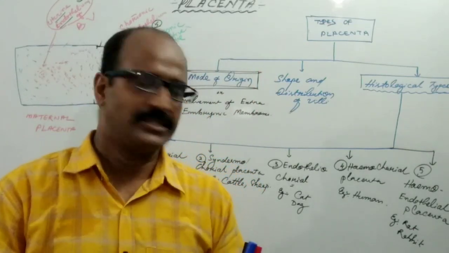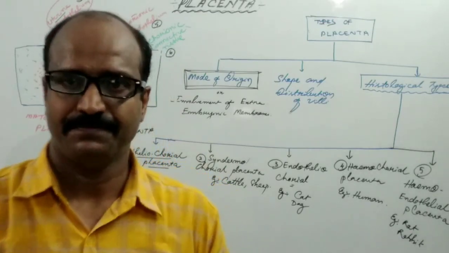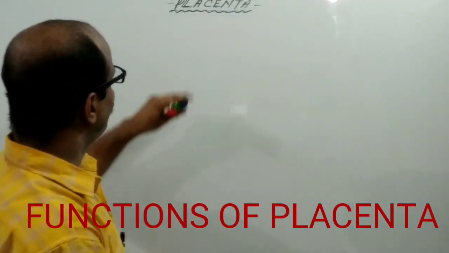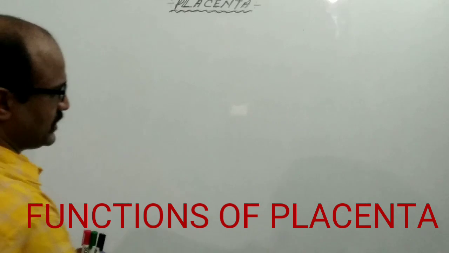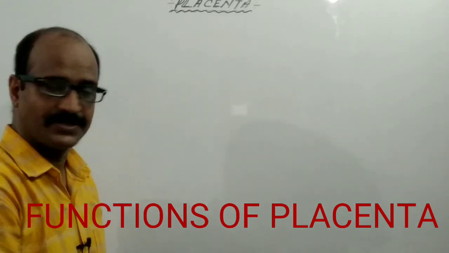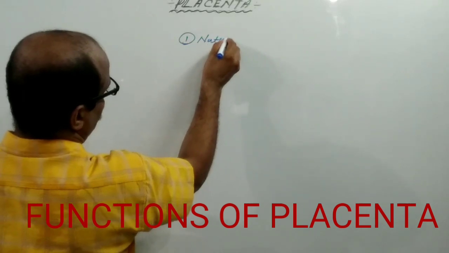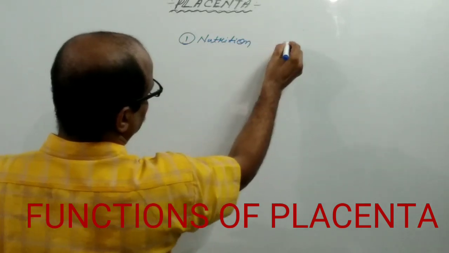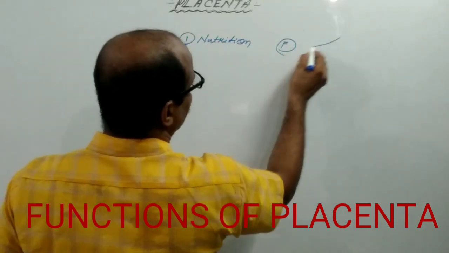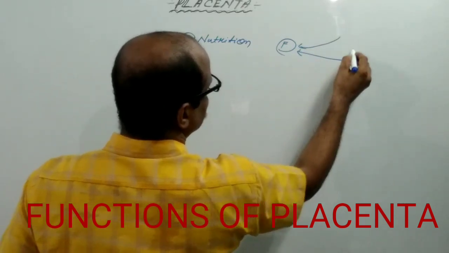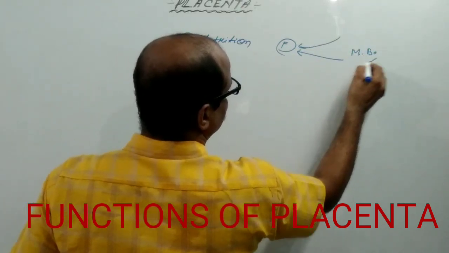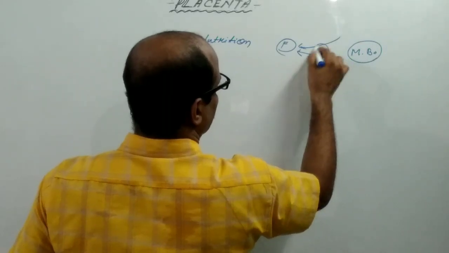Now come to the different functions of the placenta. Placenta performs different functions. One is nutrition. The fetus gets different types of nutrient matter from the mother's body through the placenta.